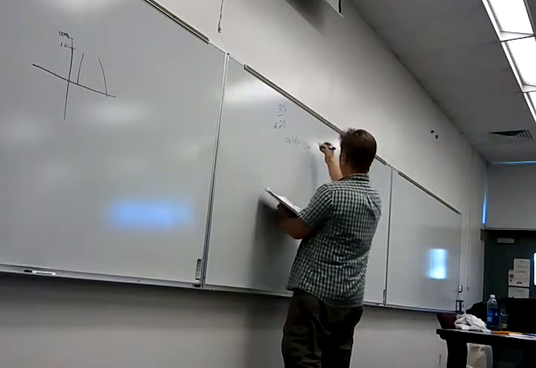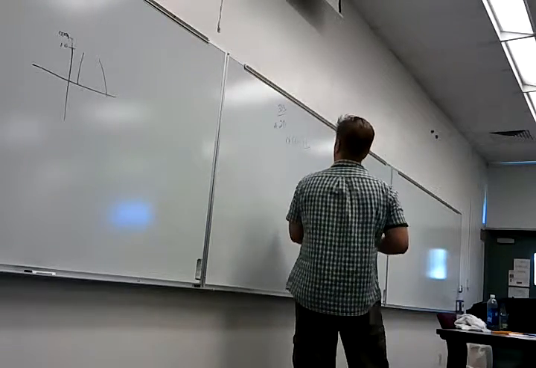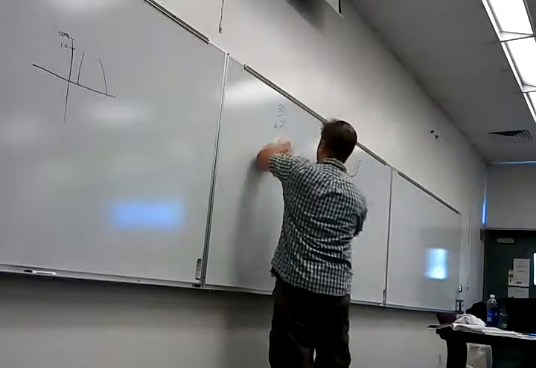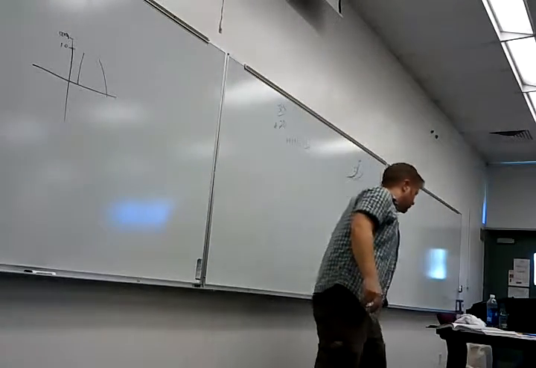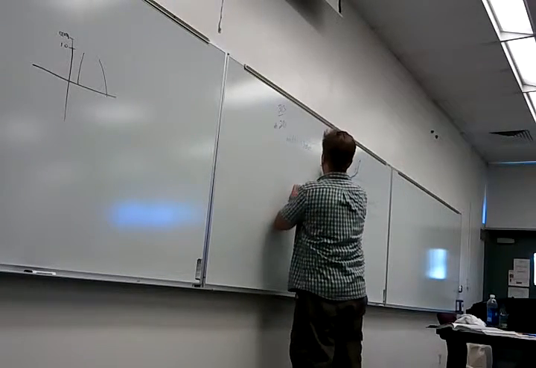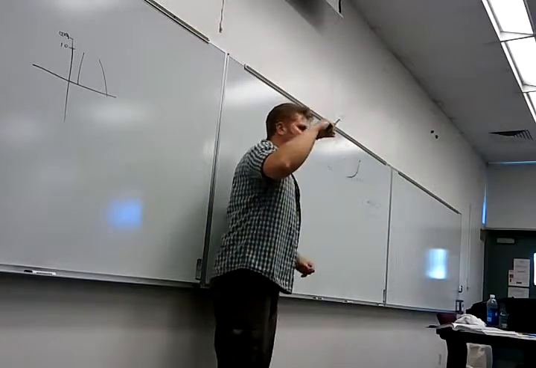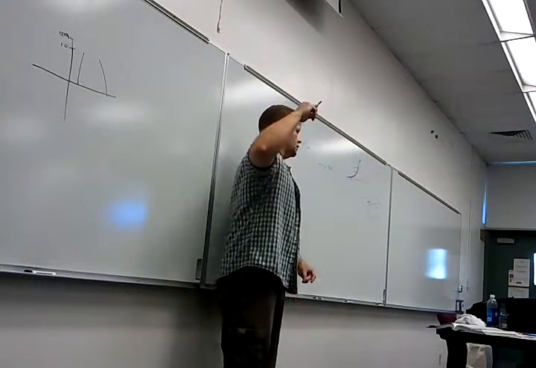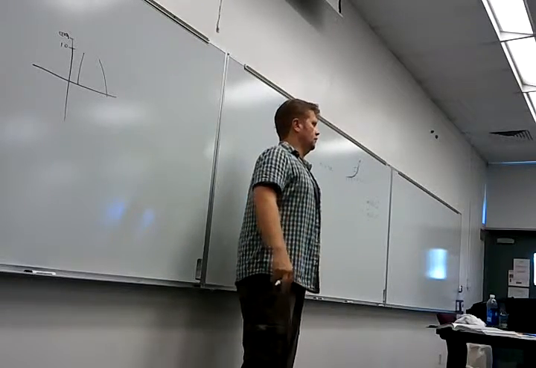Stay with me. This is t, and this is trying to be an M for mass, and this is in kilograms. Can somebody tell me how much of the substance I had at the very beginning, before any of it started to decay?